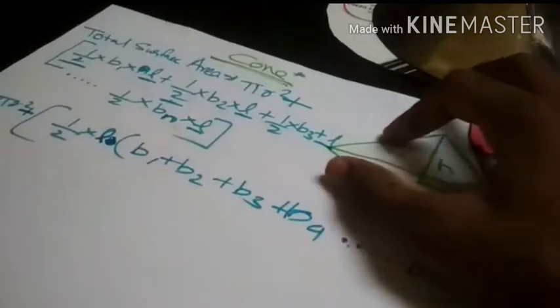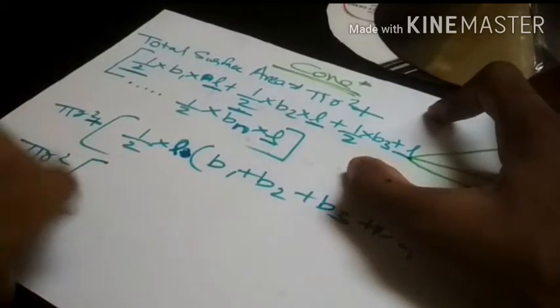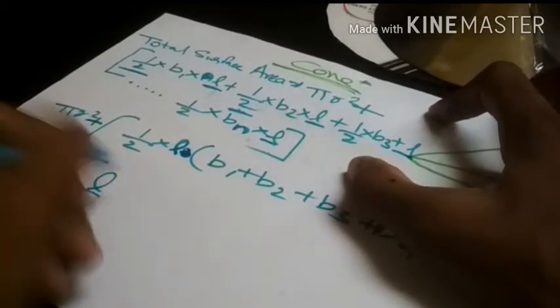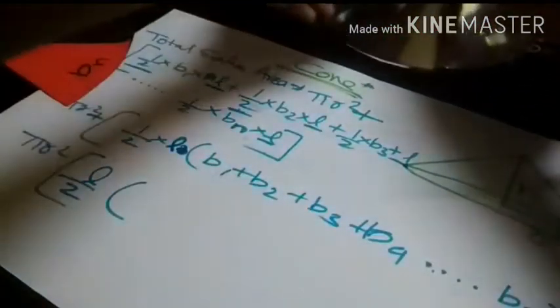So pi r square plus L upon 2 into B1 plus B2 plus B3 plus B4 plus B5 plus till Bn. If we form this a cone, this full length B1 plus B2 plus till Bn will be nothing other than the circumference of the circle.